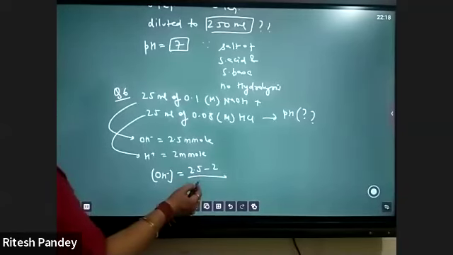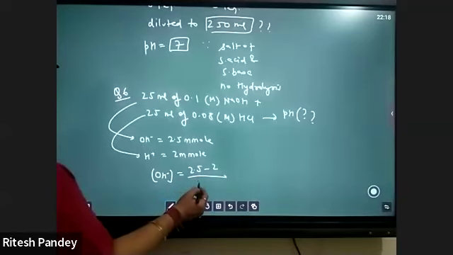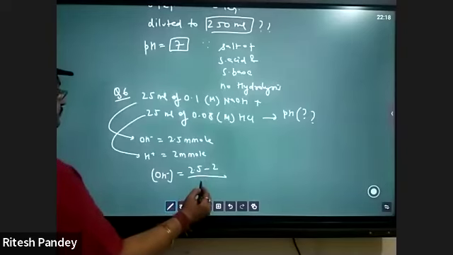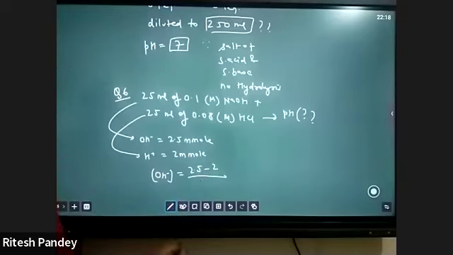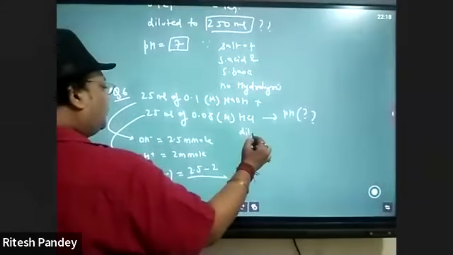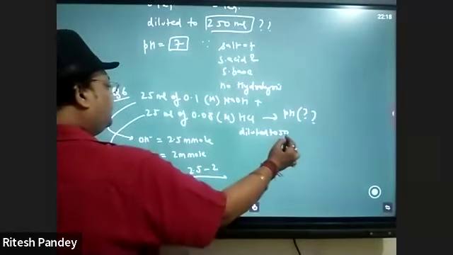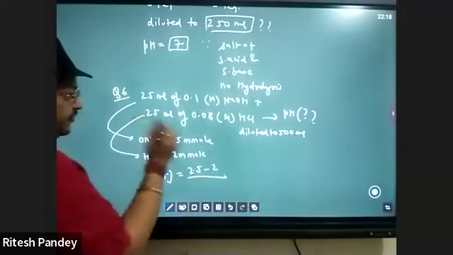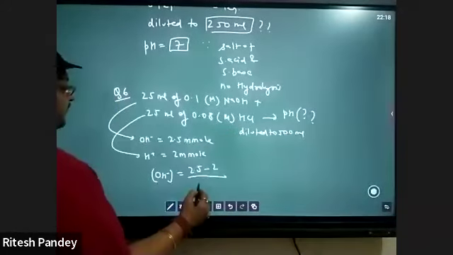What is the volume which I need to see here? 500 ml, because it's diluted to 500 ml. That's a part of the question. I was about to write 50, I just forgot that there's something more in the problem.